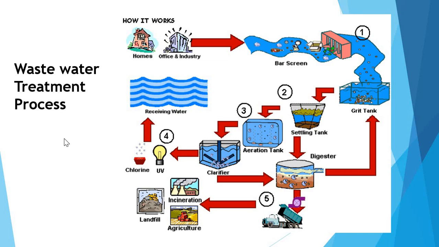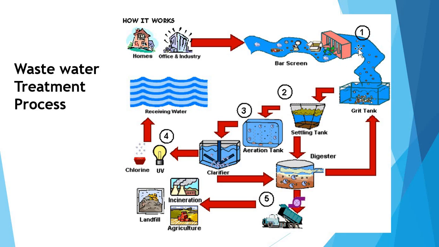So this picture is a diagrammatic representation with some details. The wastewater collected from homes and offices enters the screen chamber, in which you can see bigger particles and smaller floatable matter, which are collected through the bar screens.